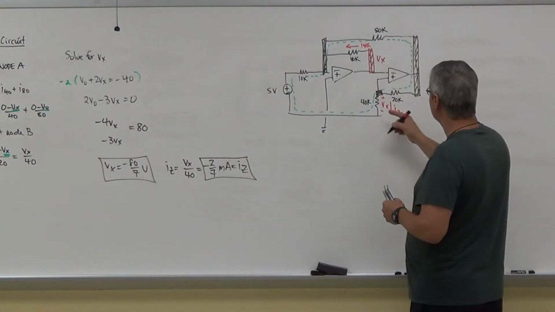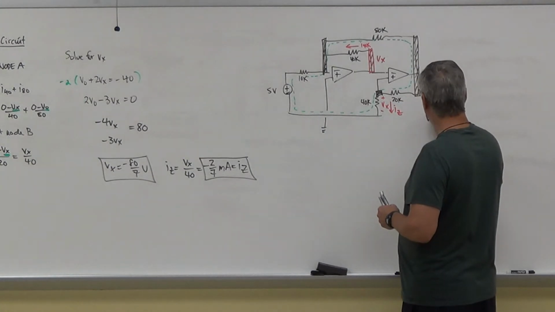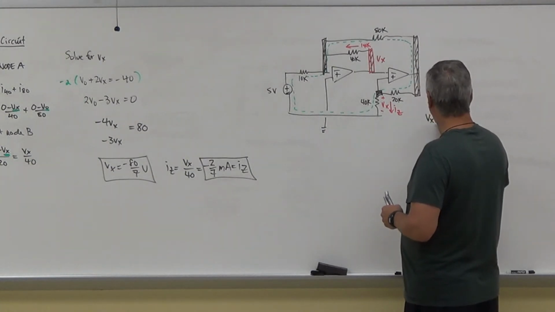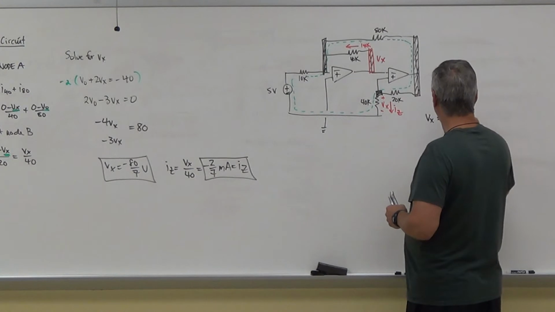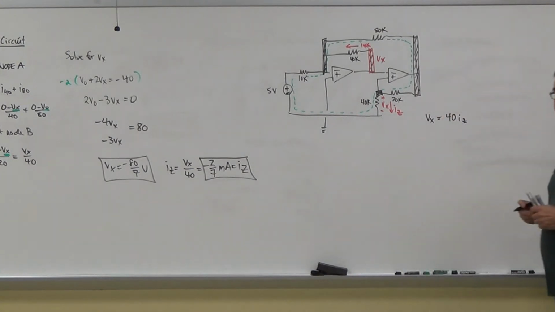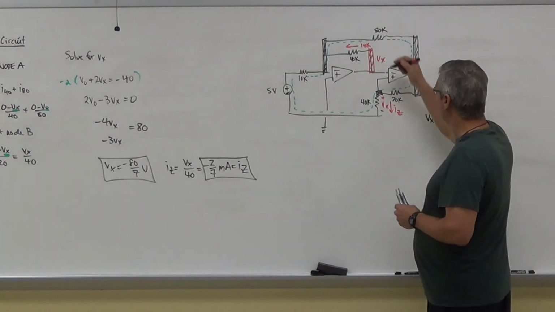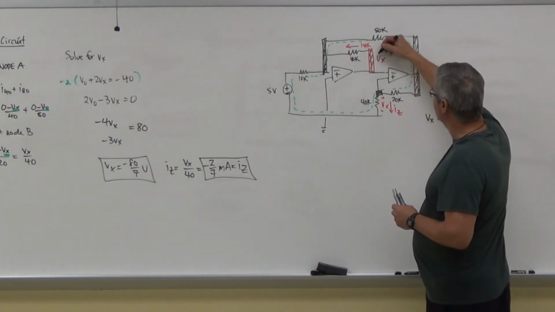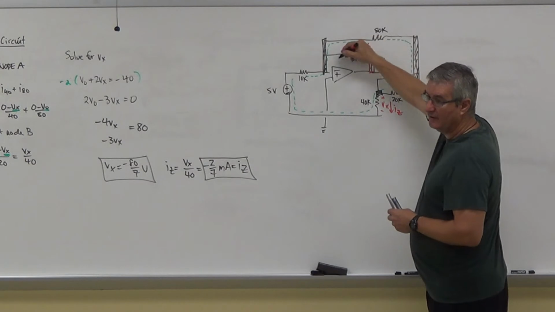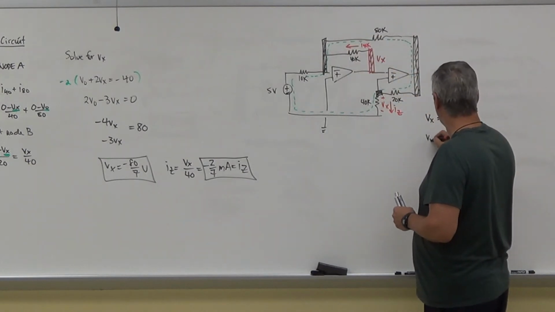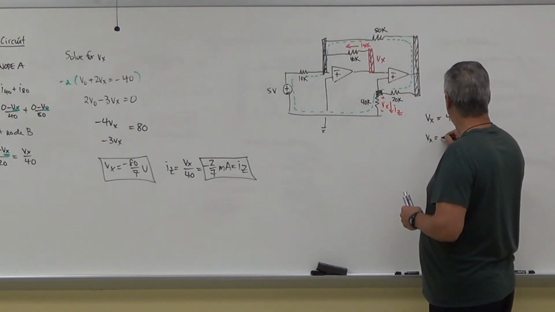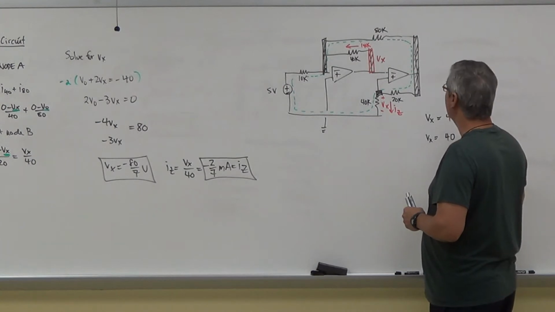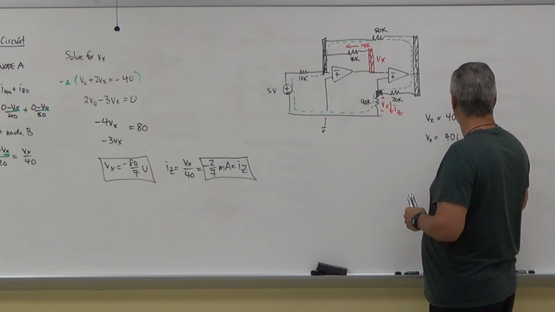They said, wait a minute, this Vx has to equal 40 Iz. And then this Vx is going to be here, and that Vx has to also be 40, called that I-40.